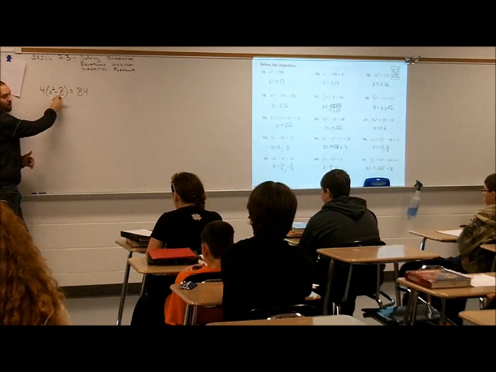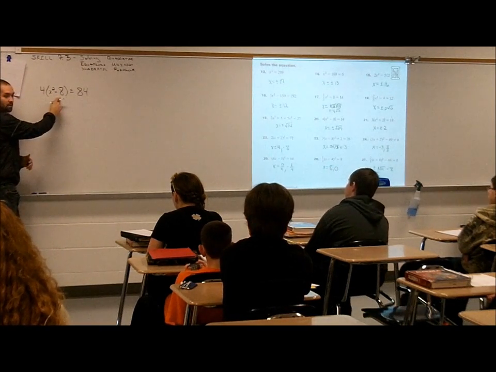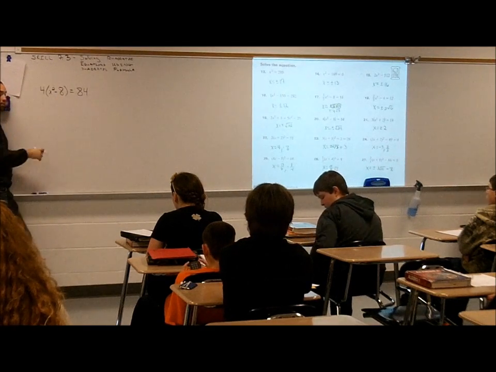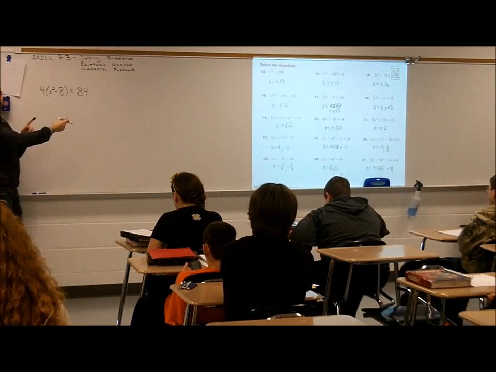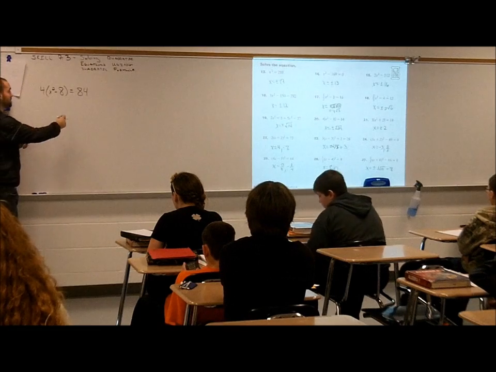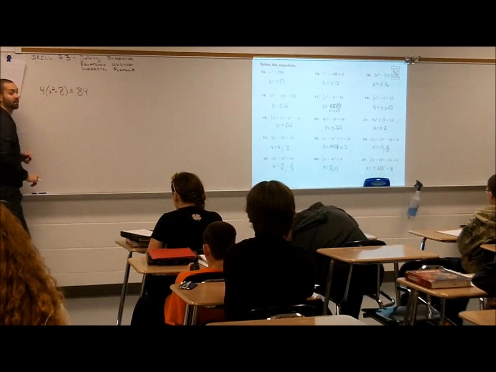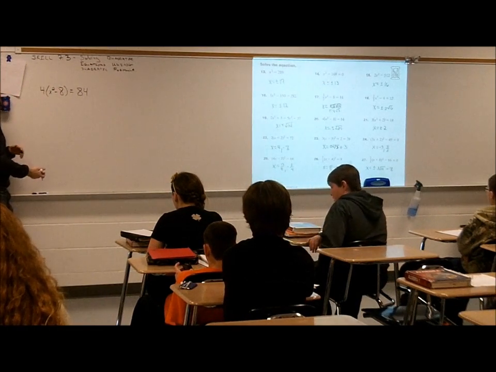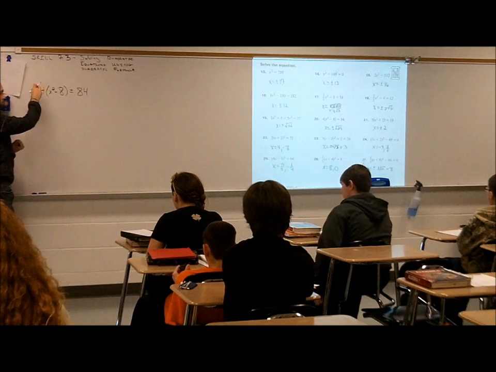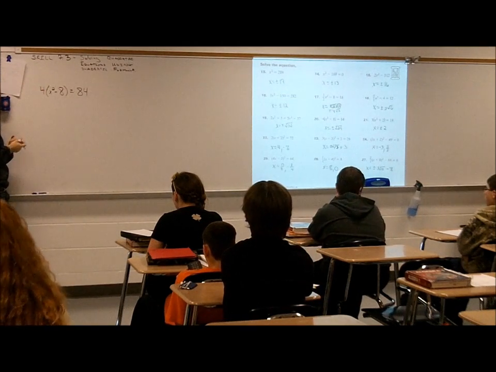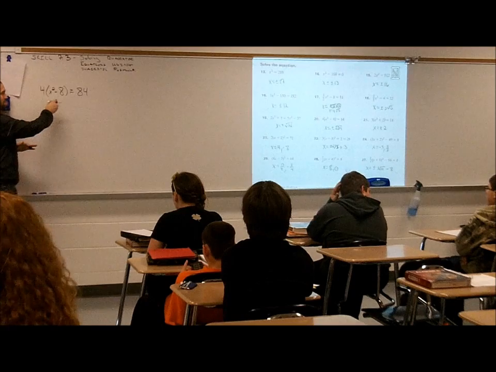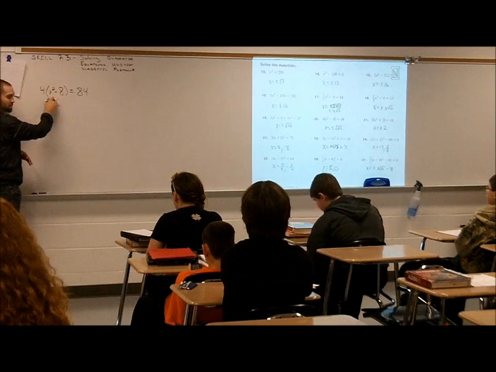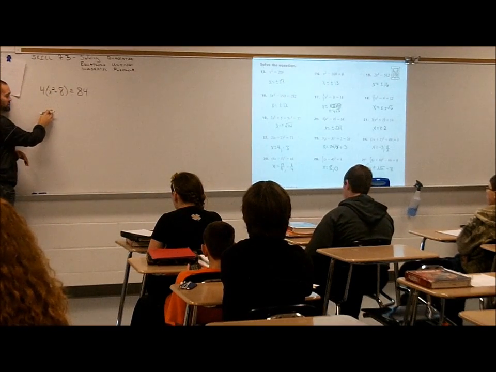Can I do anything on the inside of the parentheses? No. Then we go to the outside. Who comes after parentheses? Exponents. Are there any exponents on the outside? No. Then we go to multiplication. Do we have multiplication? Yeah. So since there weren't any exponents, we can do the multiplication here.